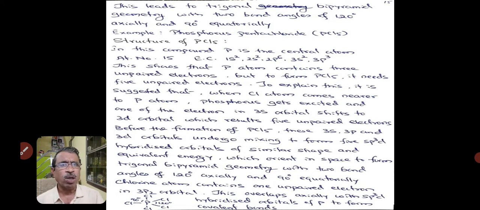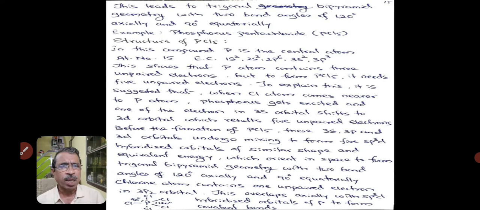Before the formation of PCl5, these 3s, 3p and 3d orbitals undergo mixing to form sp3d hybridized orbitals of similar shape and equivalent energy, which orient in space to form trigonal bipyramid geometry with two bond angles of 120° axially and 90° equatorially.